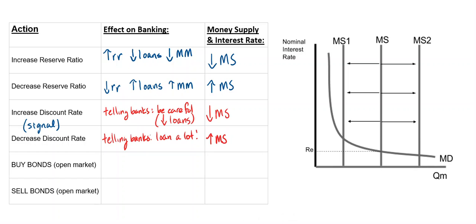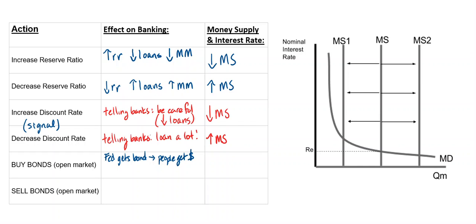Our final monetary policy is buying or selling bonds, also known as open market operations, because the Fed actually conducts these out in the open market, buying and selling from individuals, corporations, and banks all the time. When the Fed buys bonds, the phrase that I like to use here is the Fed gets the bond from the individual or the corporation, and in return, people get money.